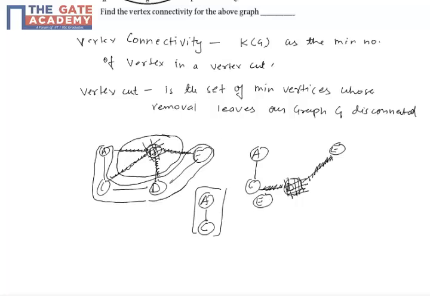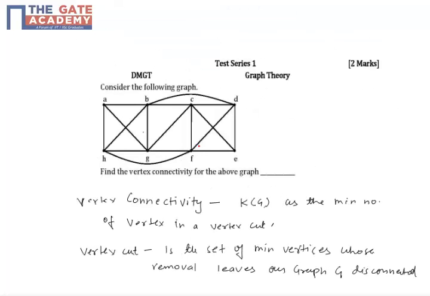One portion is this, one portion is this. So the vertex cut of this graph is B and D.